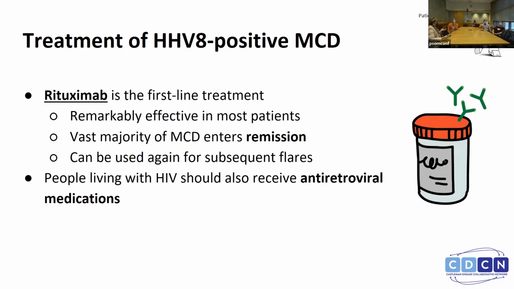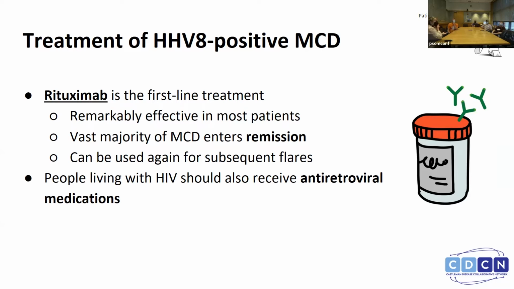Luckily there's excellent treatment. Rituximab is a monoclonal antibody that targets B cells. Did you have rituximab? Excellent. It's really effective. I think probably more than 95% of patients have a remission of their Castleman disease when they get rituximab. The patients who don't, it was probably that they were really, really sick and people recognized too late what was going on.